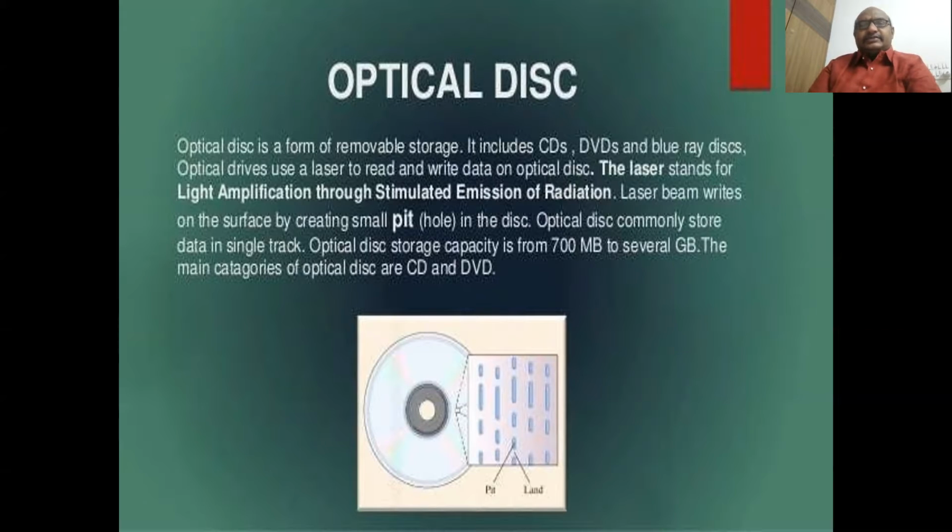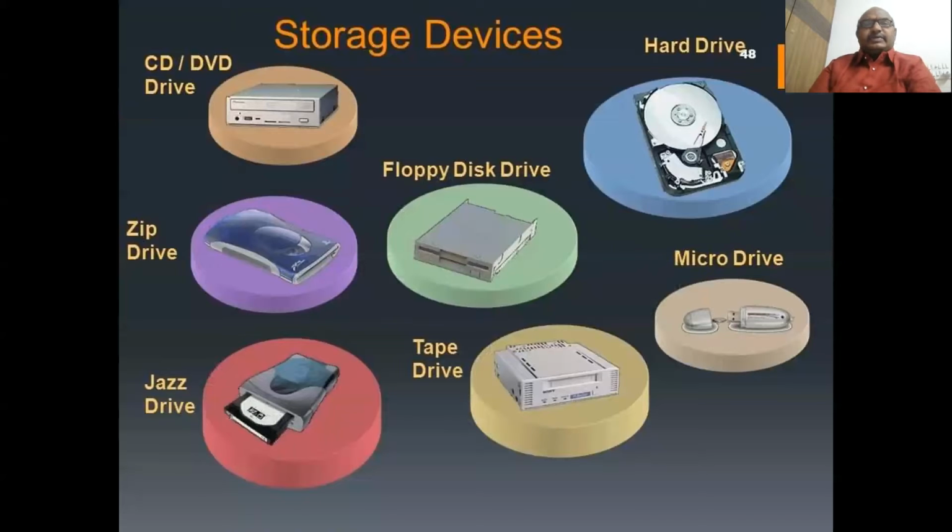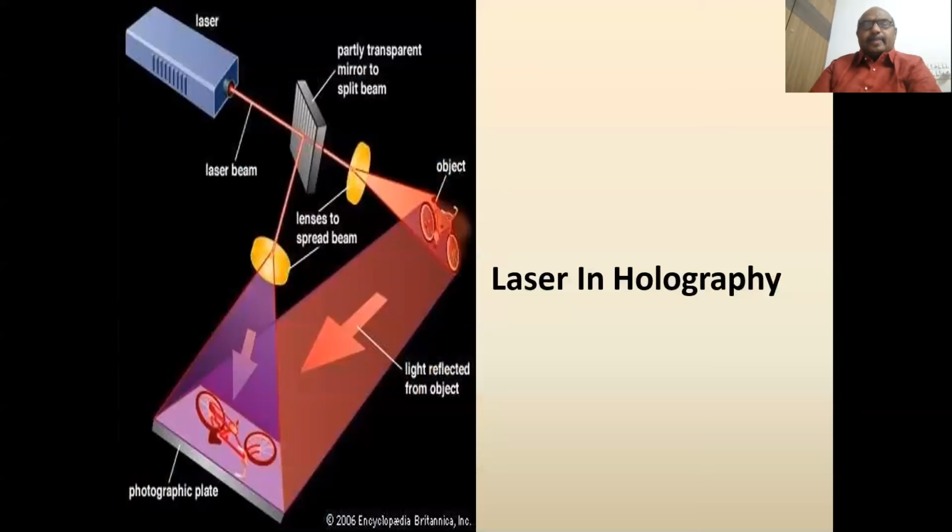Laser stands for light amplification by stimulated emission of radiation. The laser beam writes on the surface, creating small pits in the disc. These are used in optical discs, laser disc drives, and different storage devices: CD and DVD drives, zip drives, floppy disks, hard disks, etc.